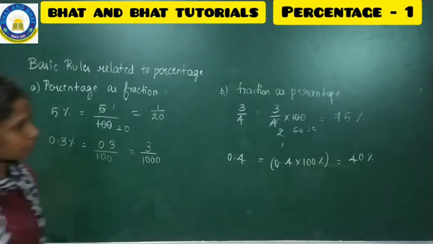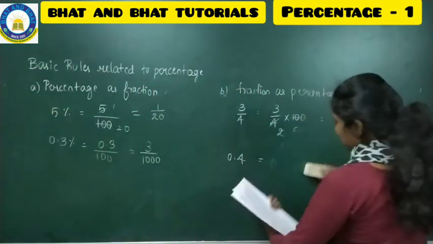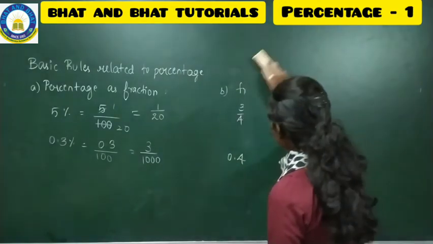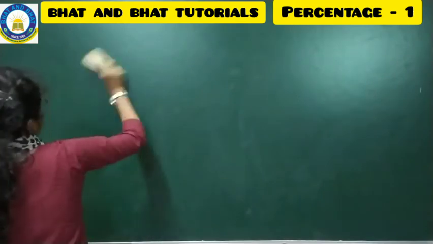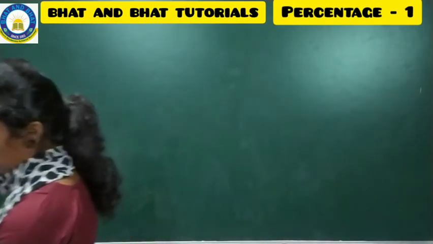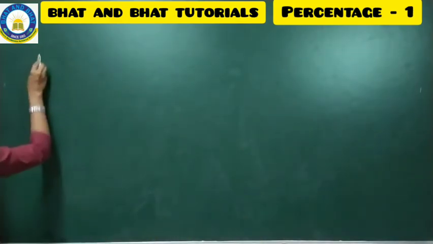So here in percentage we have nearly 3 formulas. Let us learn what are those 3 formulas, the easiest formulas only. Have a look into the formula part now. Important formula.